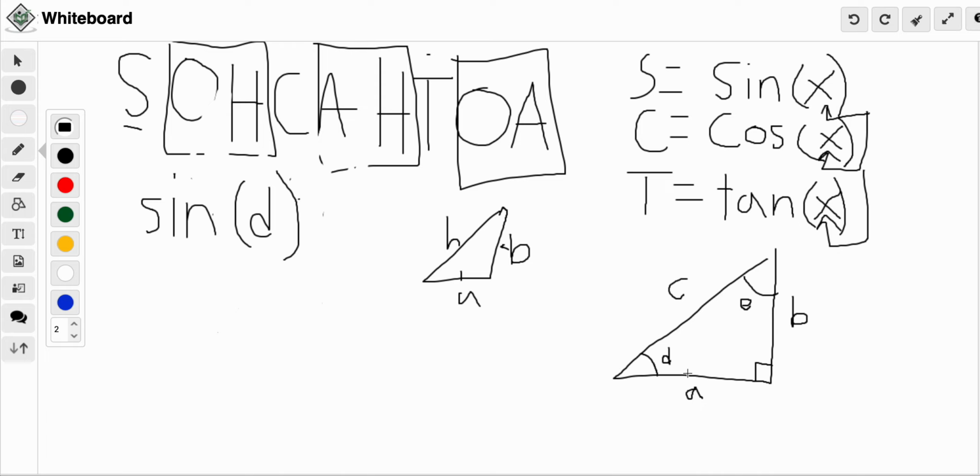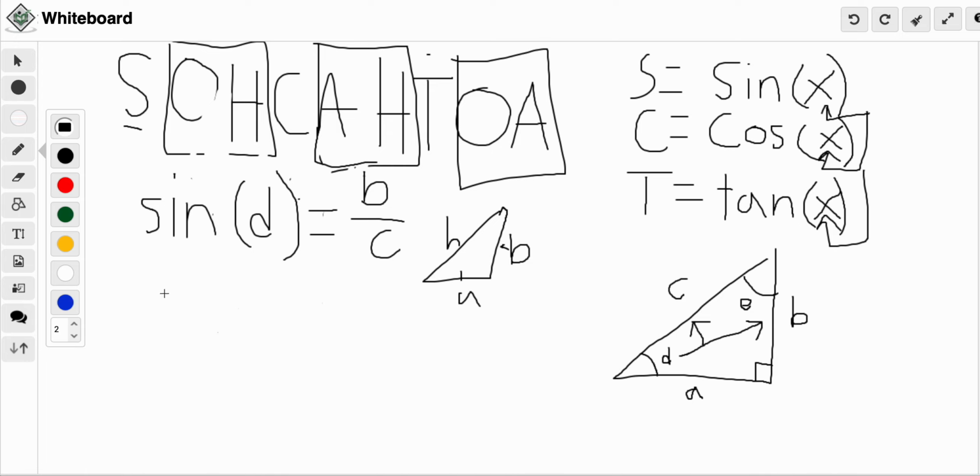So, what this means is we take the side opposite to D, which is B, and we take the hypotenuse, which is C, and we put them over each other to divide them. So, sine of D is equal to B over C for a right triangle with these variables.